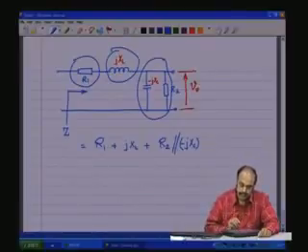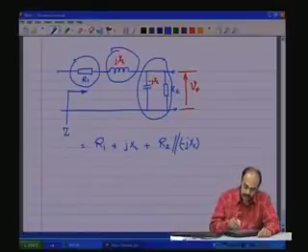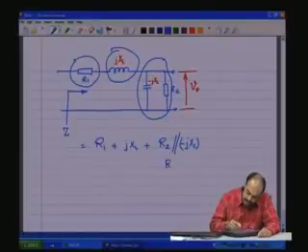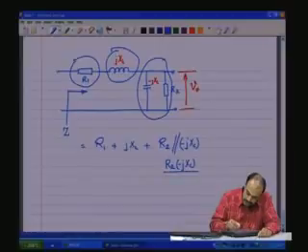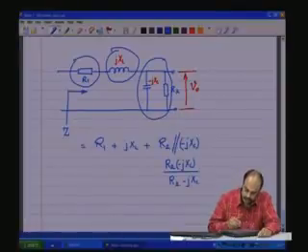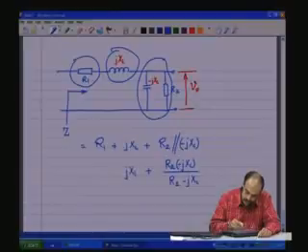These three in series is going to be the, now what does this imply? This basically means that this is R2 times minus jXC divided by R2 minus jXC, plus jXL plus R1.